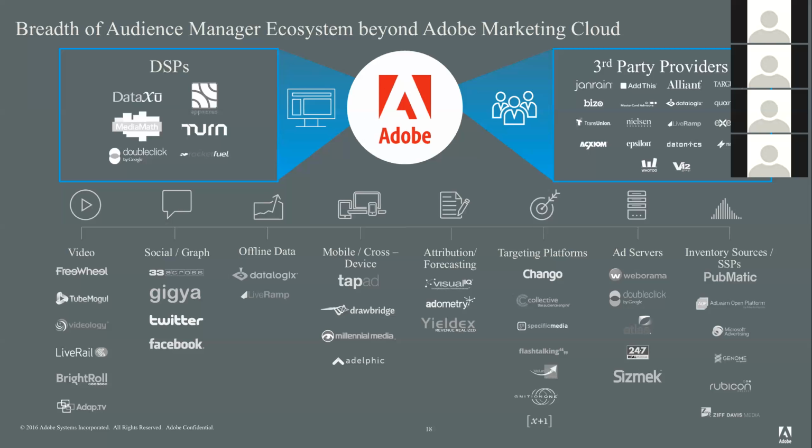We don't necessarily know who they are. We don't know their name. We don't know anything else. But we know that our value 123 cookie is the same as Axiom's ABC. And that's important because one of the features we're going to talk about in a minute is the Audience Marketplace, where you can actually purchase lists of customers for usage. So let's dig into some of these cool features.